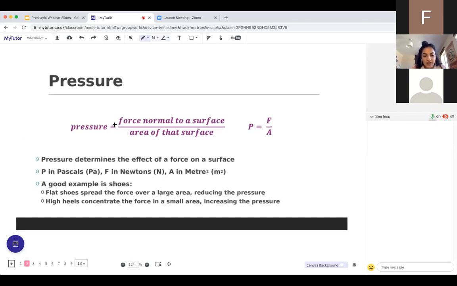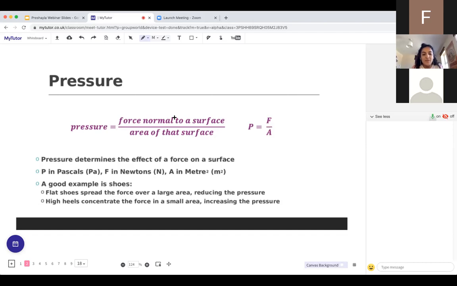So pressure equals force divided by area, as a simple equation, but it's important that it's the force normal to a surface and the area of that surface. So not just any random force, not just any random area, it's got to be specific to that surface.